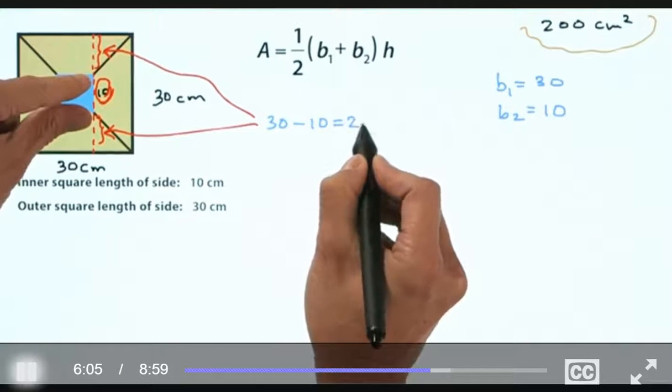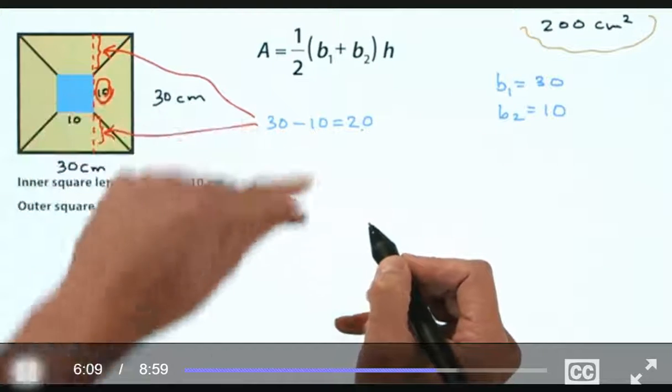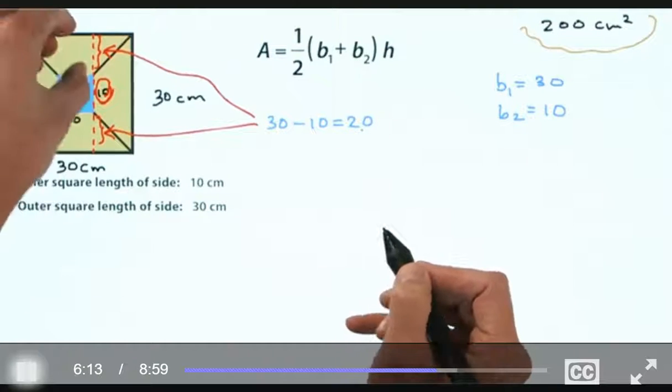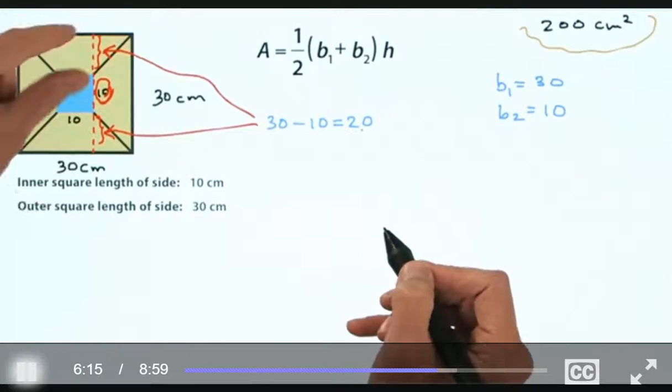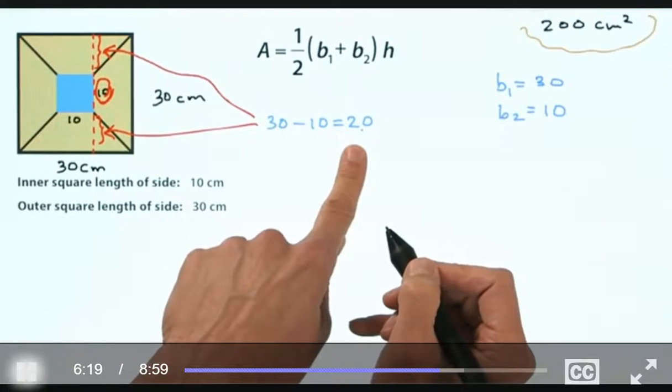And that equals 20. So this length plus that length equals 20. But these lengths are the same because, in fact, it's the same shaped trapezoid all around. So this length and that length are the same, and they add to give 20.